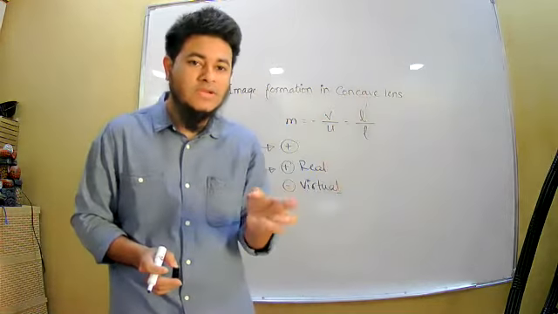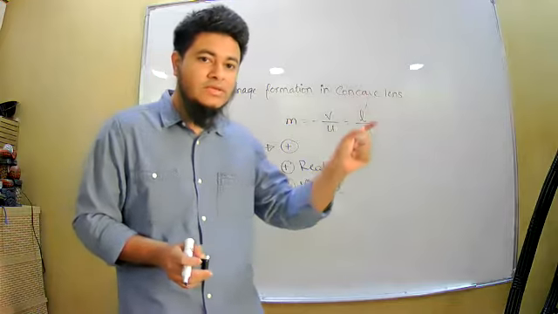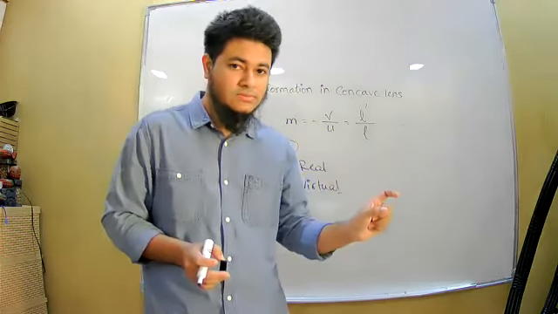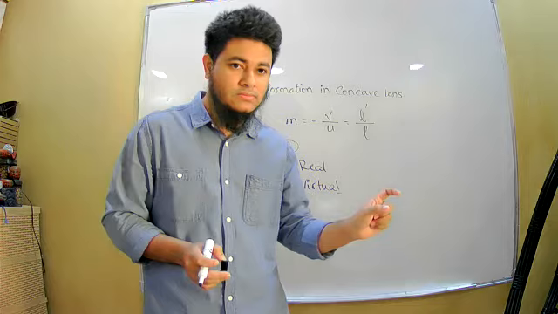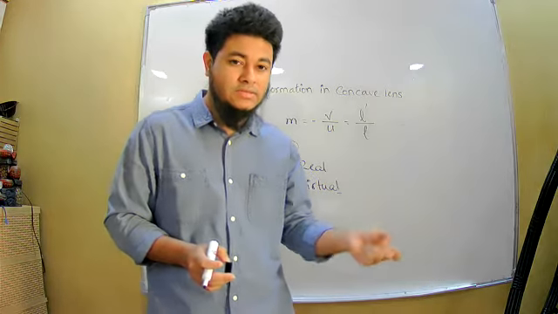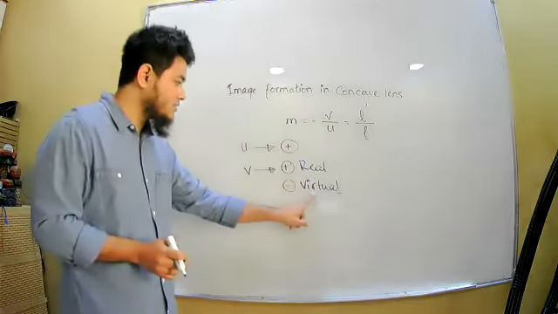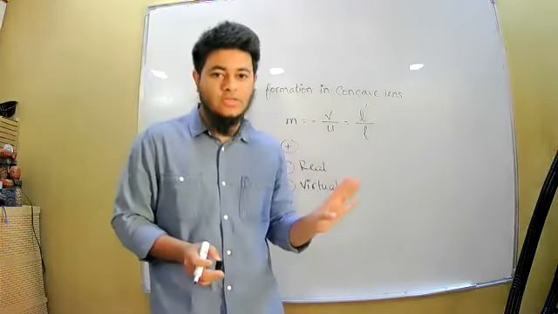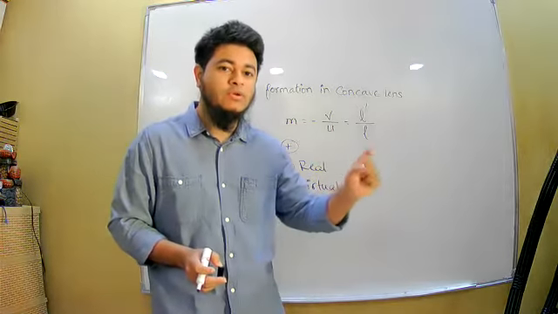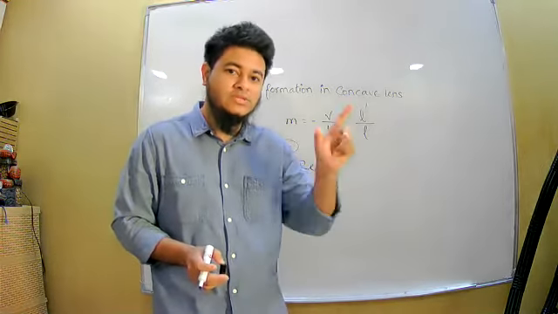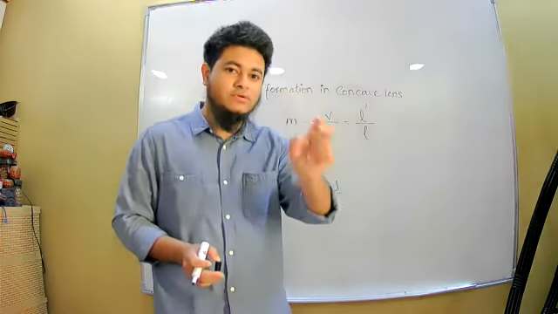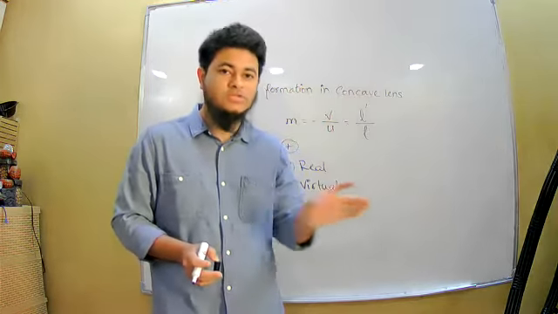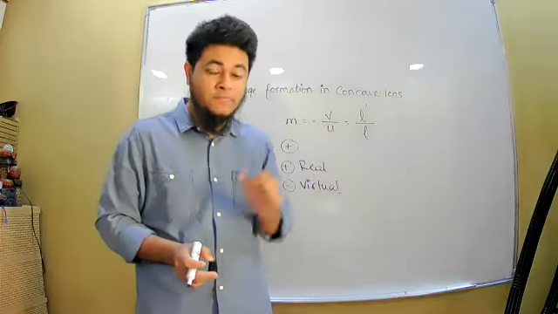So V is 5 centimeter, plus or minus? Minus, because whenever the image is virtual, we write minus. But in the question, they will not tell you that it is minus 5 centimeter. They will only mention the concave lens and the distance 5 centimeter, so you have to understand that in a concave lens we get the virtual image. That is why V will be equal to minus 5 centimeter.